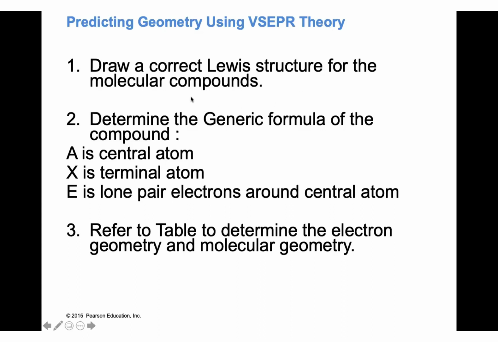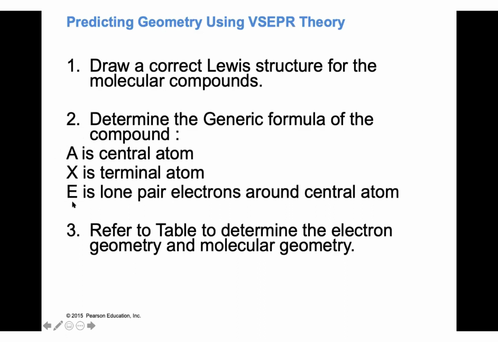So you basically won't get full credit in the exam. So for the first step, if you do not know how to draw the Lewis structure, go back to my previous video and be able to draw the Lewis structure of molecular compounds, okay? Then after we find the correct Lewis structure, we should determine the generic formula of the compound. How do we find it? In the generic formula, A is the central atom, X is a terminal atom, and E is a lone pair.